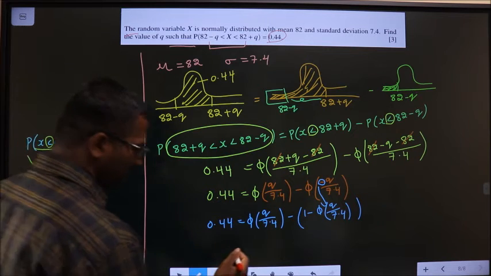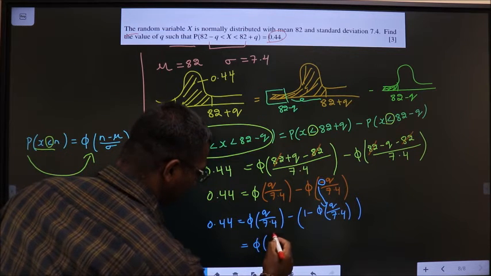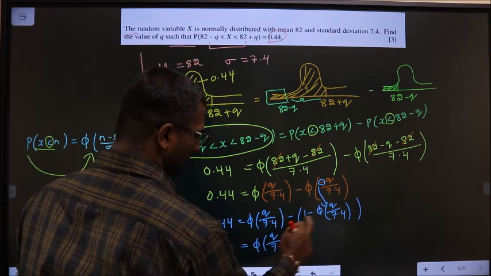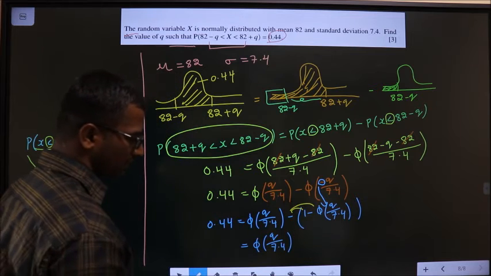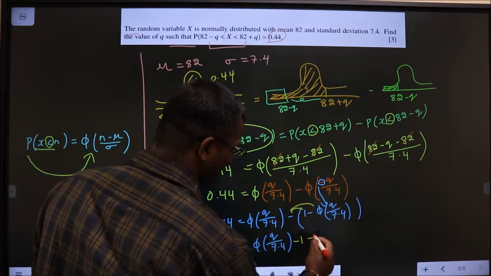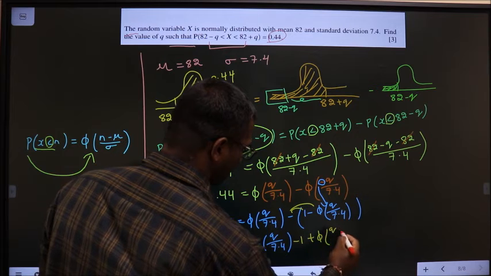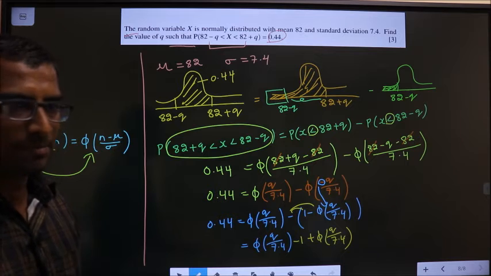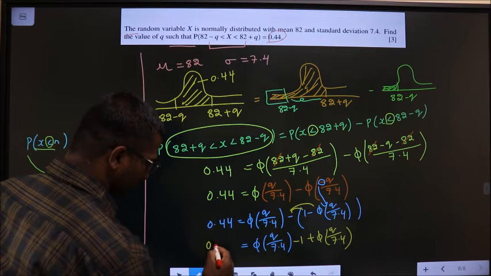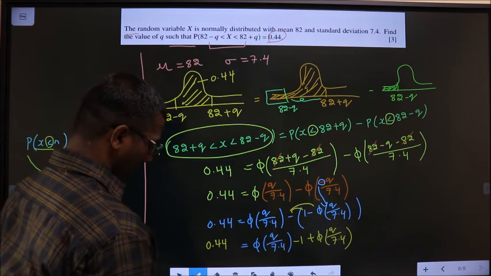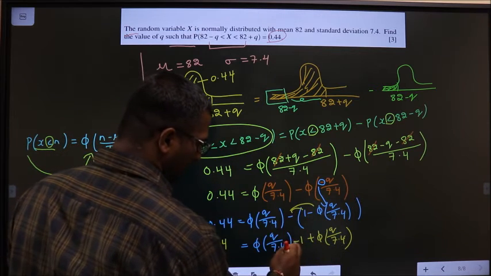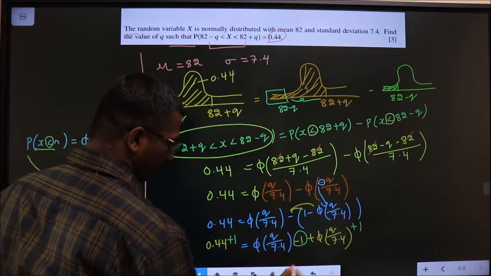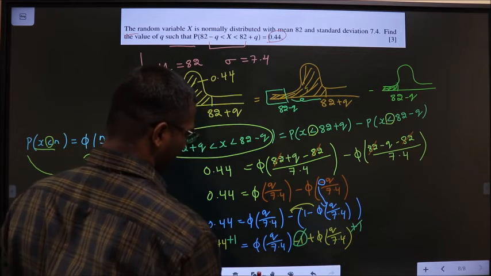Next, phi of q by 7.4. Here you open up the bracket in this way. So I get minus 1 plus phi of q by 7.4. Next, how do we simplify? To get rid of minus 1, I add plus 1 on both sides and this gets cancelled.